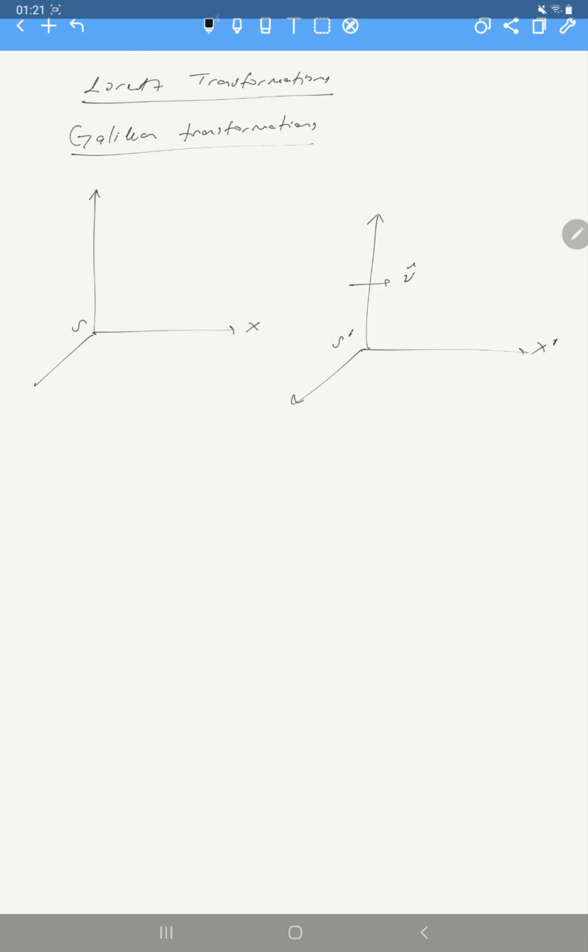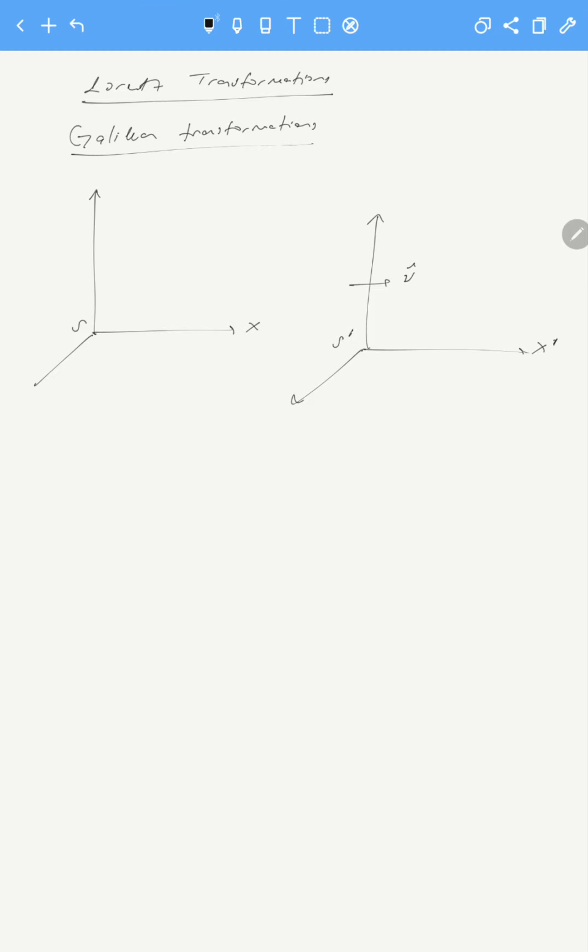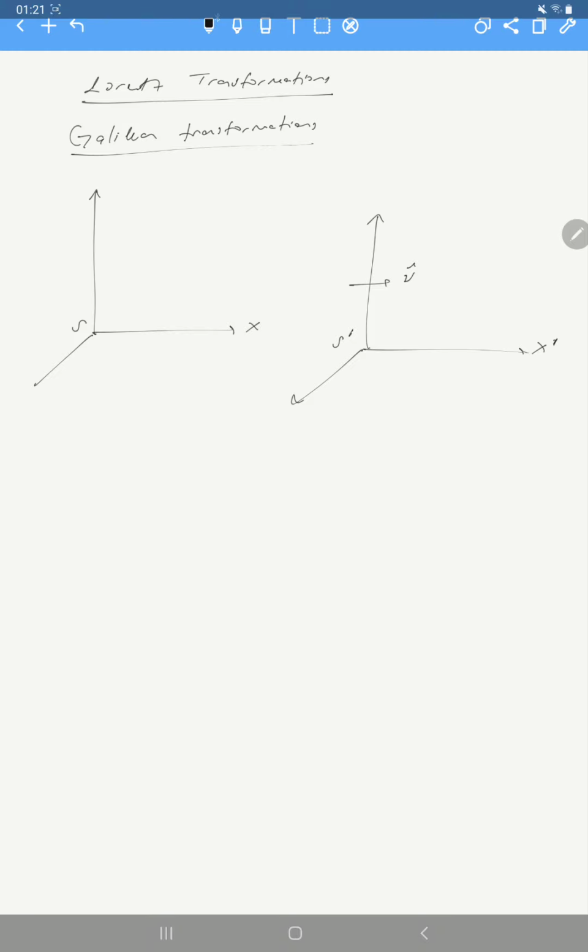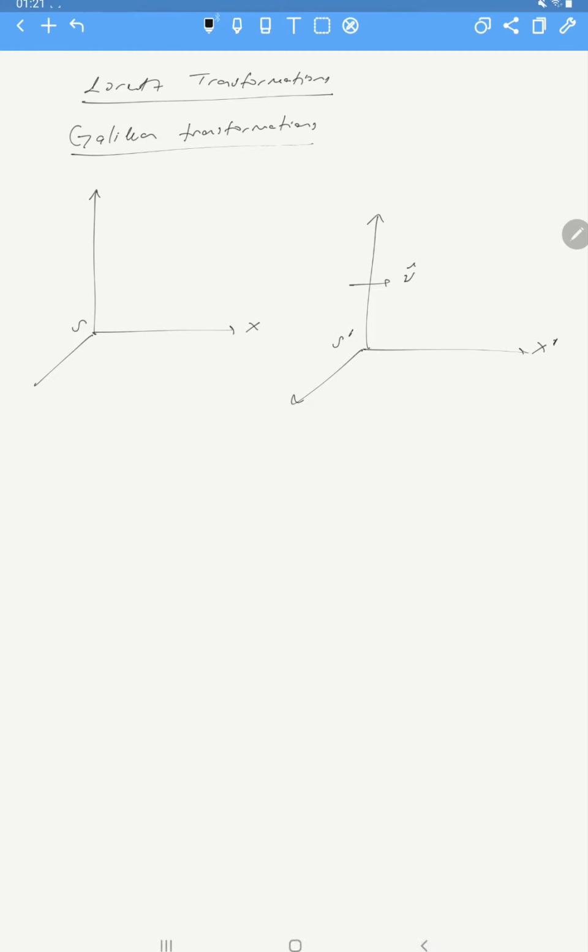It doesn't matter if we have some other complex motions, because we can always rotate and orient these frames so that the S prime frame always moves in the x direction of the stable frame. So it just does not matter the direction.